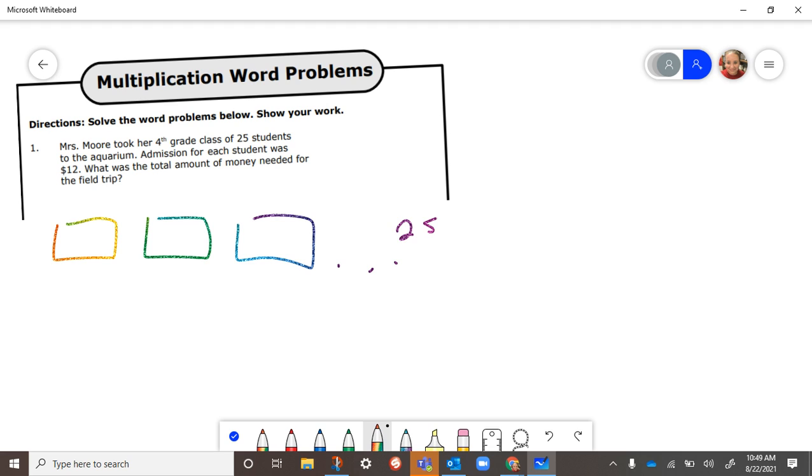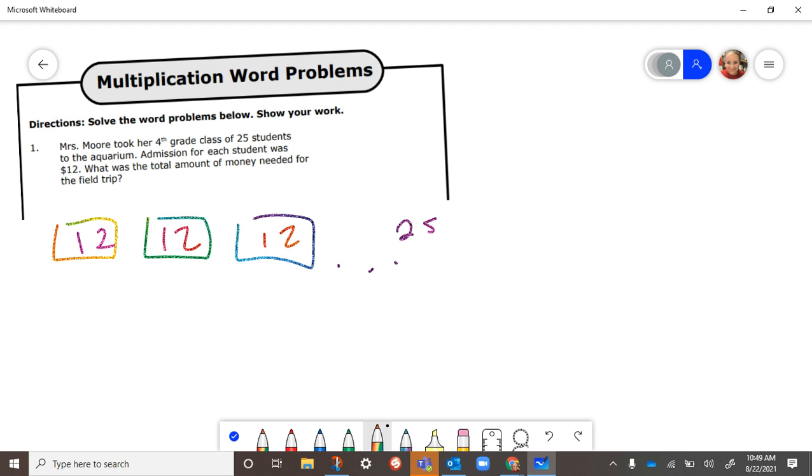And every time that one of them wants to buy admission to get in, it's going to cost $12. So this kid costs $12. This kid costs $12. This kid costs $12, and so on. And so that's repeated addition.